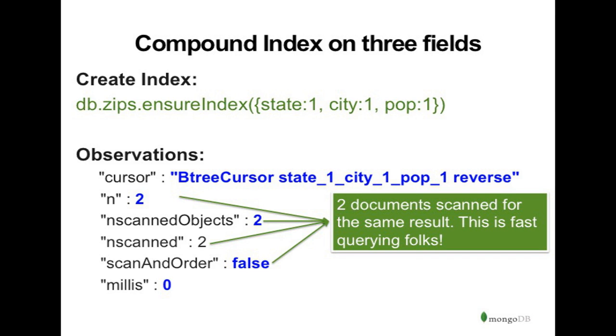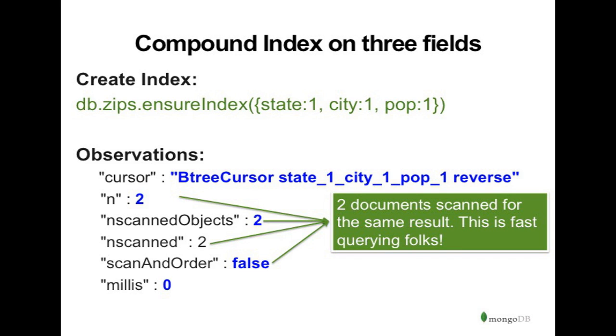So now I rerun my query, and my observations are MongoDB still picked up the new index, which is a good thing, and it used the index state, city, and pop, and it's using a reverse order because in my query, I am sorting the results by population in descending order. So MongoDB can traverse indexes forward and reverse in both directions. In this case, it happened to traverse reverse to satisfy my requirements.